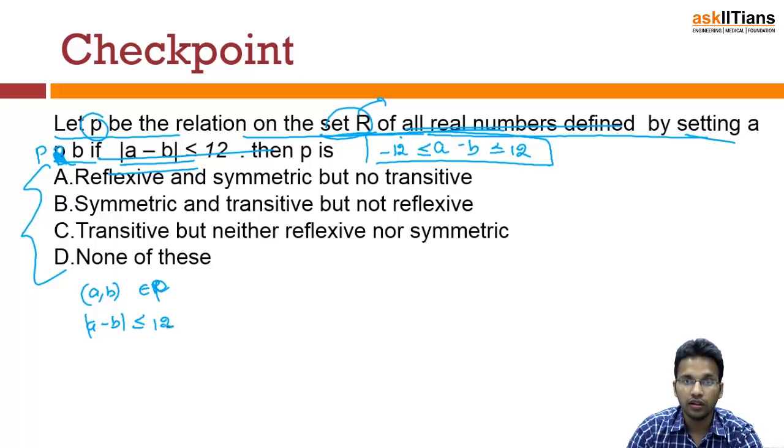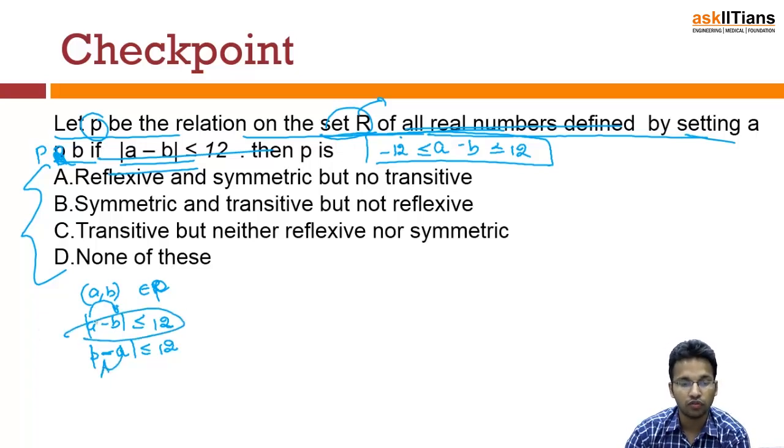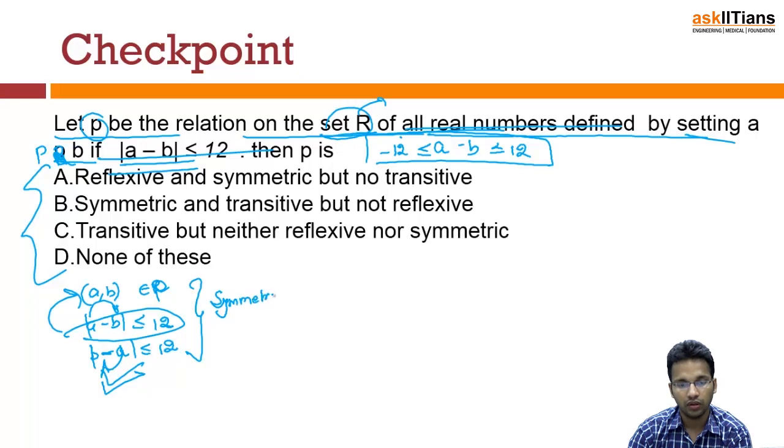So for symmetric, what is the case? |B minus A| should be less than 12. Now when we are dealing with the mod, it doesn't matter whether we are subtracting this or this, because the mod will make it positive. So if this is true for this one, then this will always be true. It means the relation will be symmetric, right?